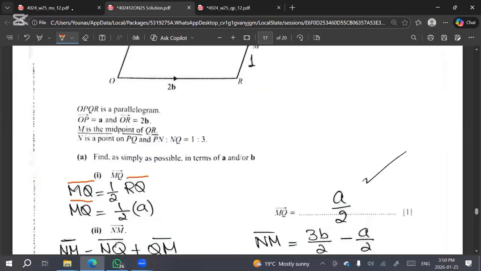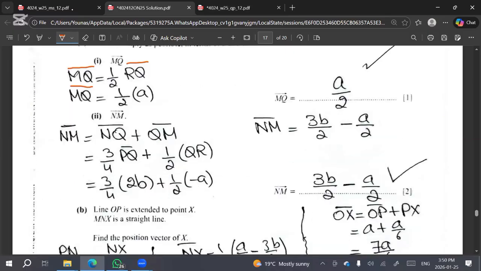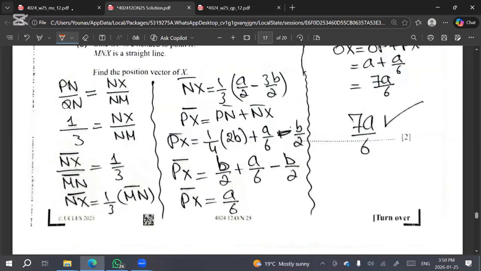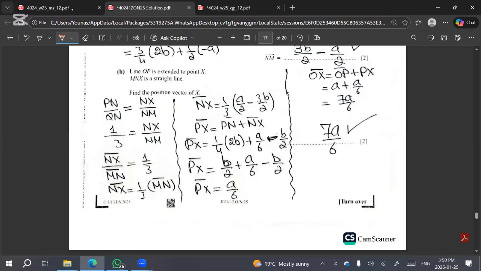Let me show you. I have written there so you can clearly understand what I am talking about. So here PN divided by QN will be equal to NX divided by NM, because those two triangles are similar to each other. The PN is 1, the QN is 3, equals NX by NM. NX by MN will be equal to 1 by 3. So NX is equal to 1 by 3 MN.